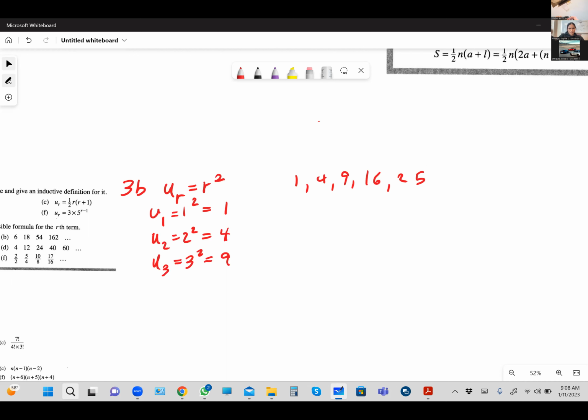It's really loud here. Would this be the sequence for this, guys? Yeah. Okay, so now let's try and see. This is, I guess you could say, deductive. We want to do an inductive definition. So u of 1 is definitely going to be 1.